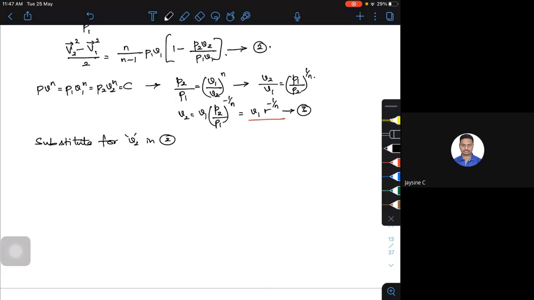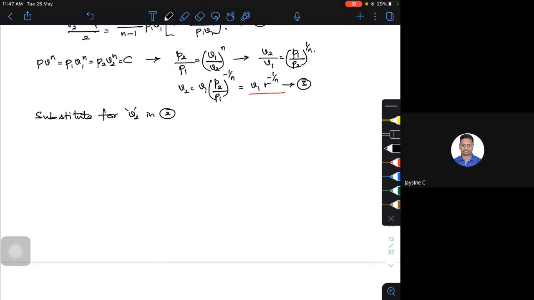V2 square minus V1 square by 2 is equal to n by n minus 1 into P1 V1 into 1 minus P2 by P1, and I'm going to substitute for V2 in terms of R. So this will be V1 into R to the power of minus 1 by n divided by V1. V1 just cancels out.